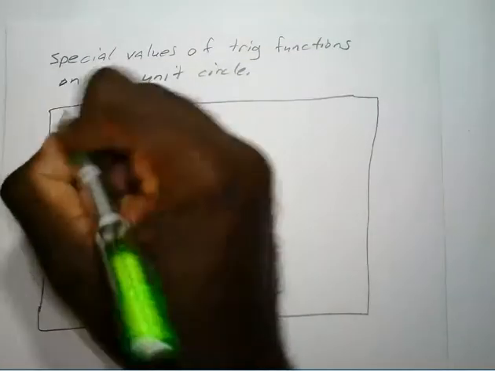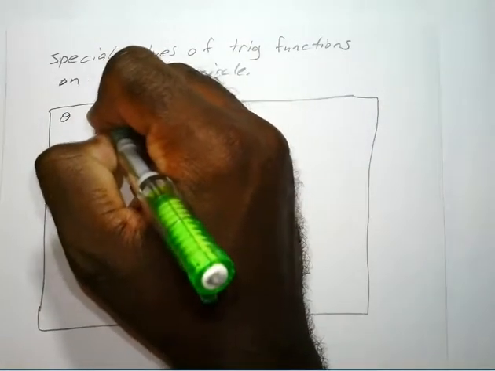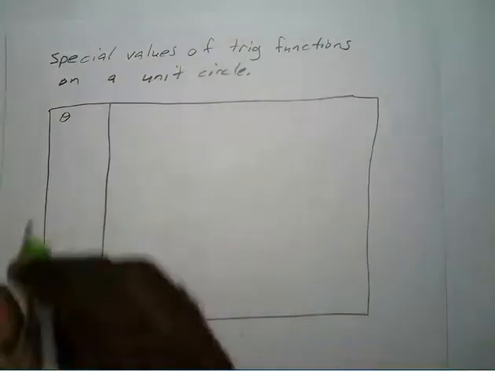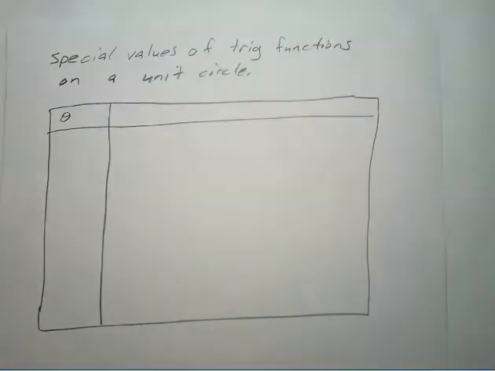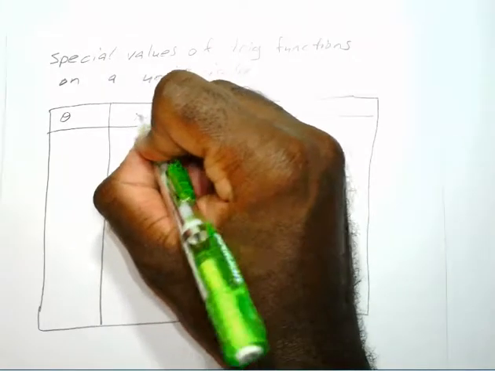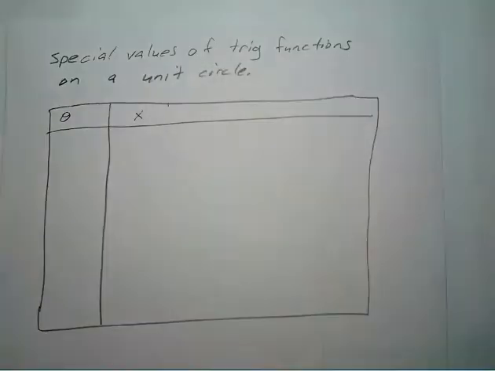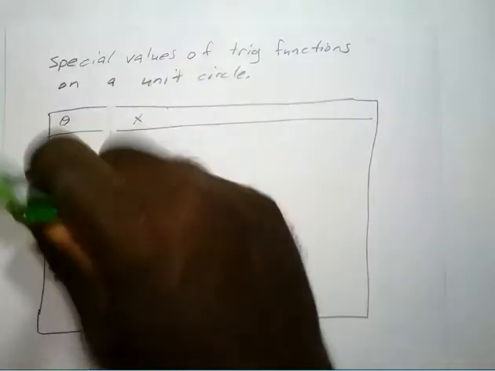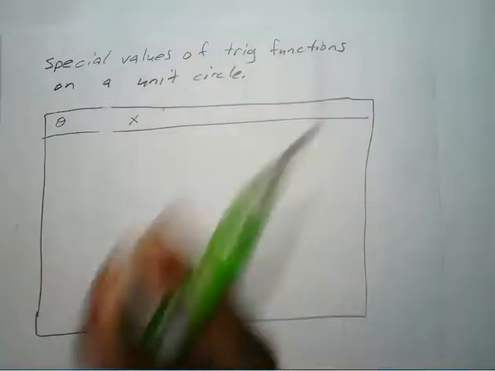These would be your theta values, and I'll move that over there. And these are your x values. Actually, I can give the theta one a little more room because I want to put the degrees and radians there.